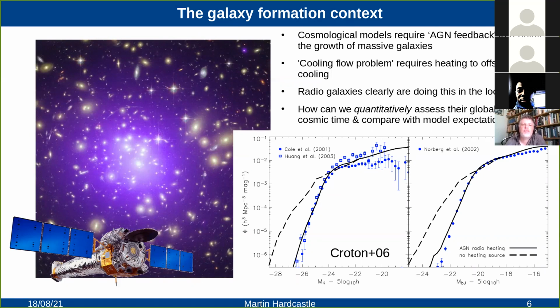And radio galaxies clearly are having an effect on the hot gas around the central galaxy in the local universe. So the question that I've been asking is, how can you quantitatively say whether they provide enough energy to do the job that they're required to do in cosmological models, and compare that with model expectations over cosmic time?